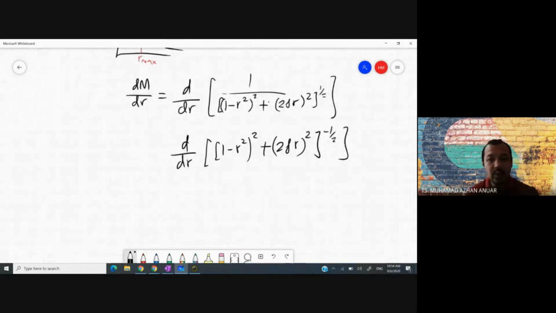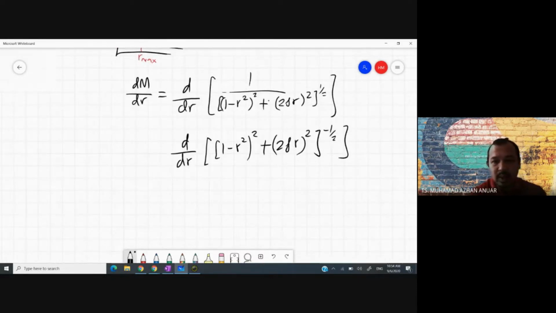Okay, so when we differentiate this one, we know that 1 over 2 will go to the front, and then this is going to be to the power minus 1, you get minus 3 over 2. So it's going to be something like this.